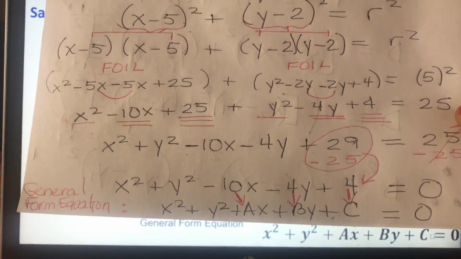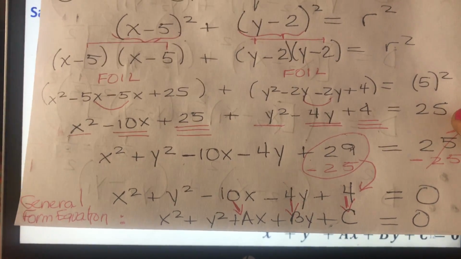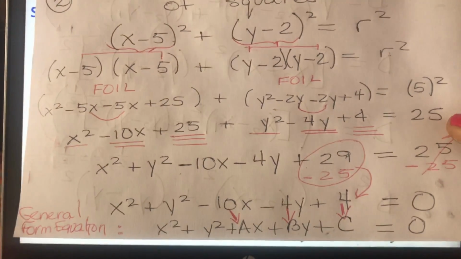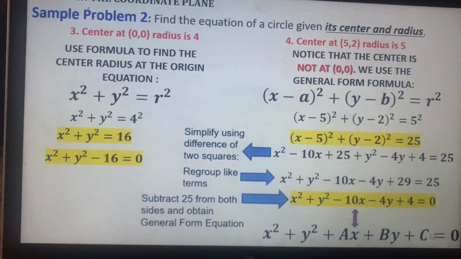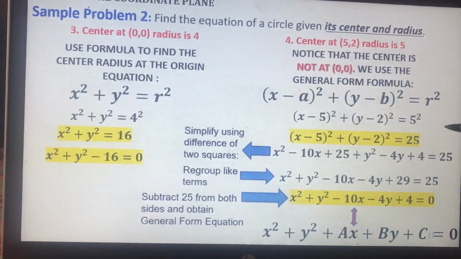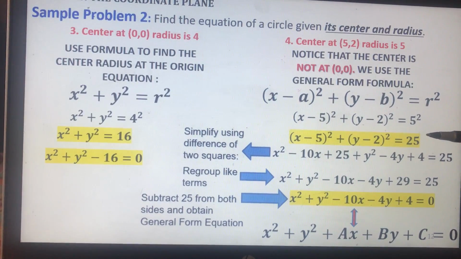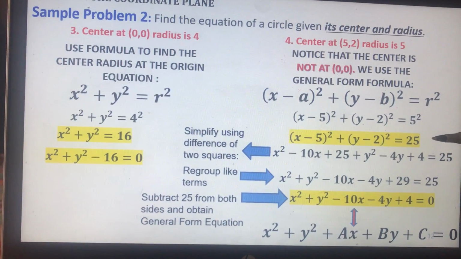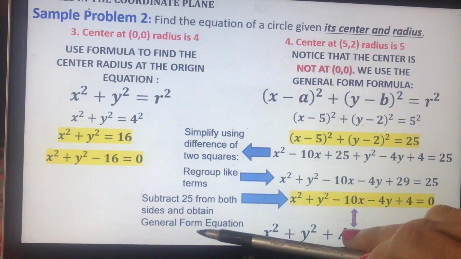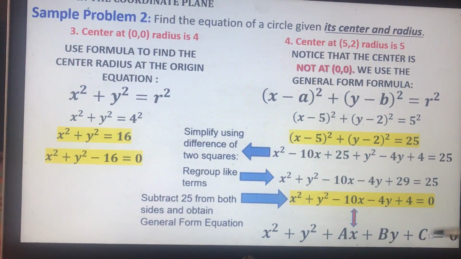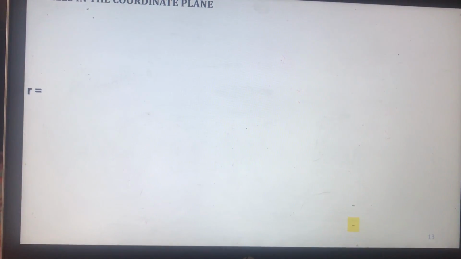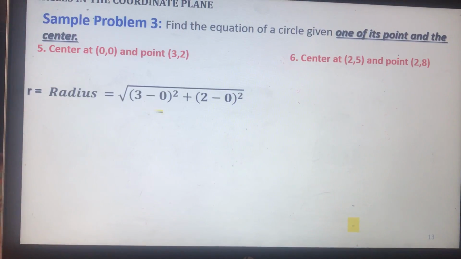So it's in the form x² + y² + ax + by + c = 0. Here we have reached the general form equation, which is this one. Now let's move on to sample number 3.